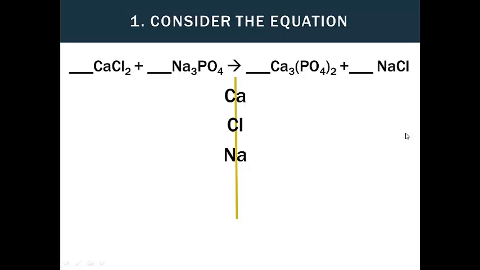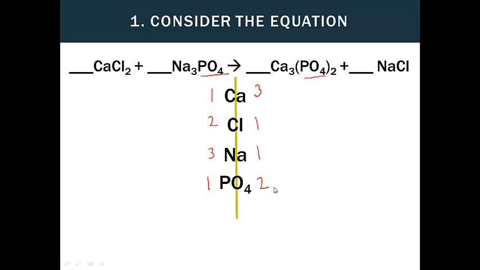If you look on both sides of the arrow, PO4 stays intact, so we're just going to keep PO4 together as one polyatomic ion. Let's count. Calcium, I've got 1. Chloride, I've got 2. 3 sodiums, 1 PO4. On the other side, 3 calcium, 1 chlorine, 1 sodium, 2 phosphate.